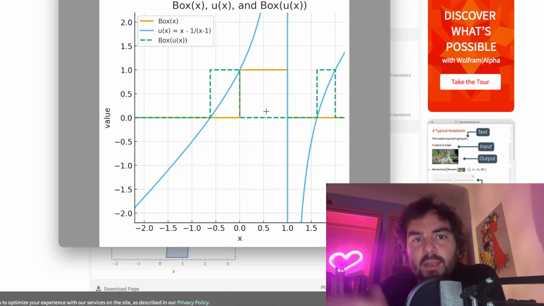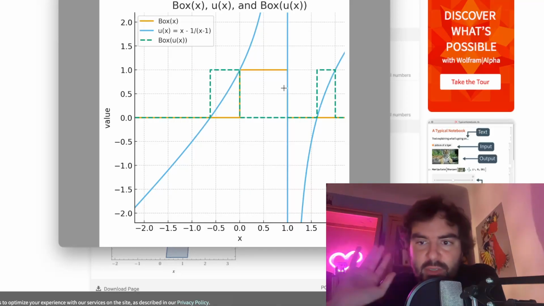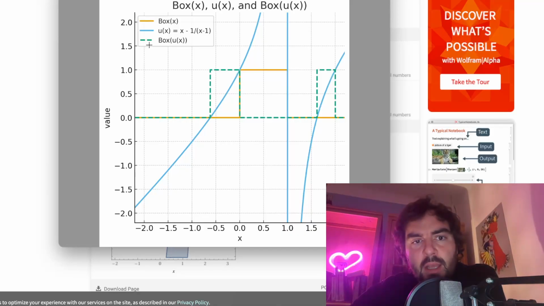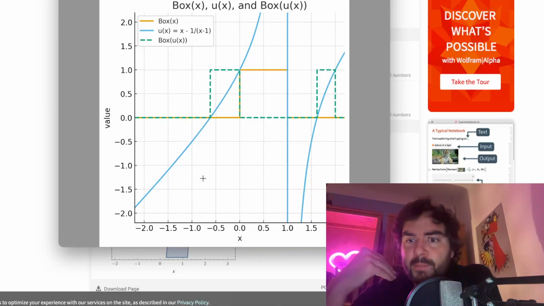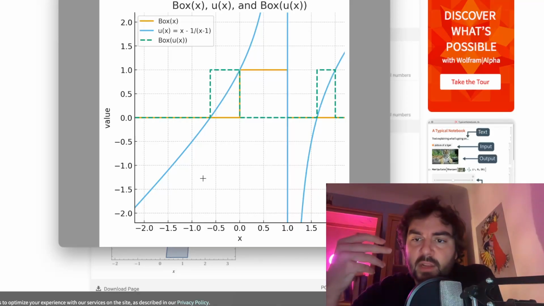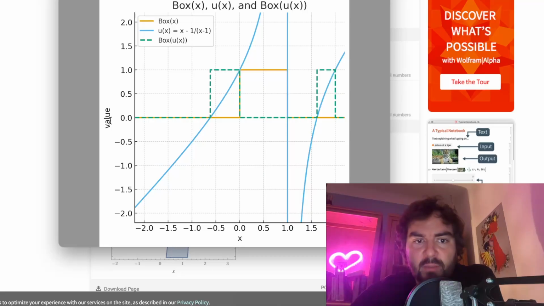And then what I also plot is this blue line, which is literally the transformation drawn in the same plot. But then the dashed green line is the box of this transformation. And of course, the question is, hey, where is the transformed value between 0 and 1, right? Where is the transformed value in this interval? And what are the x values where this happens?